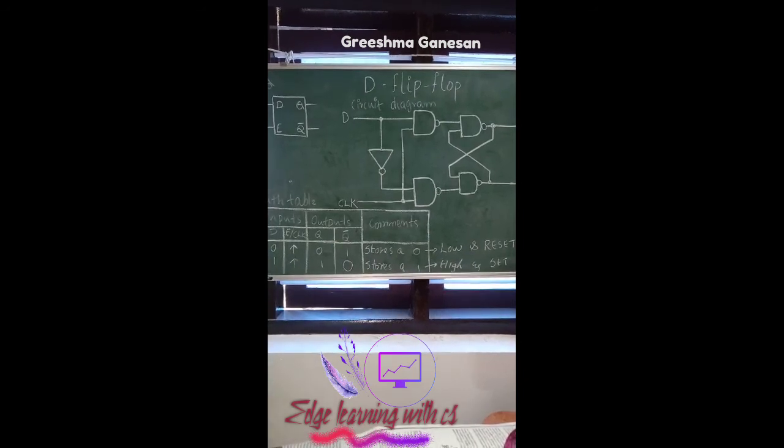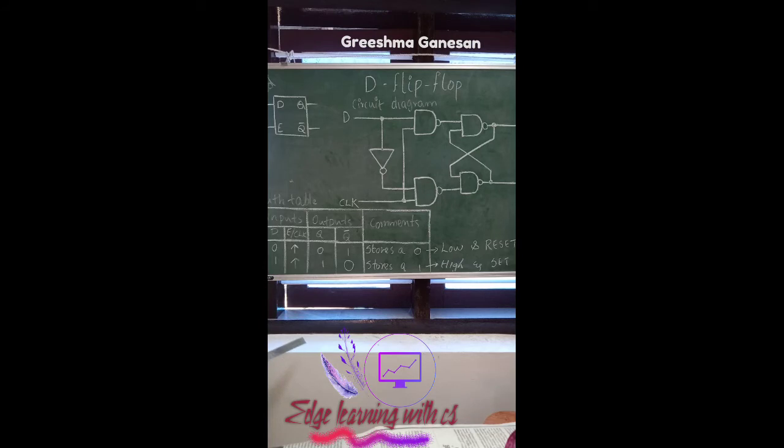Then in the next row you can see I am inputting D as 1 and our clock is high here. Then the Q output will be 1, the Q dash output will be 0, and here we are storing the value 1. In this case our condition is high and the condition will be set here.